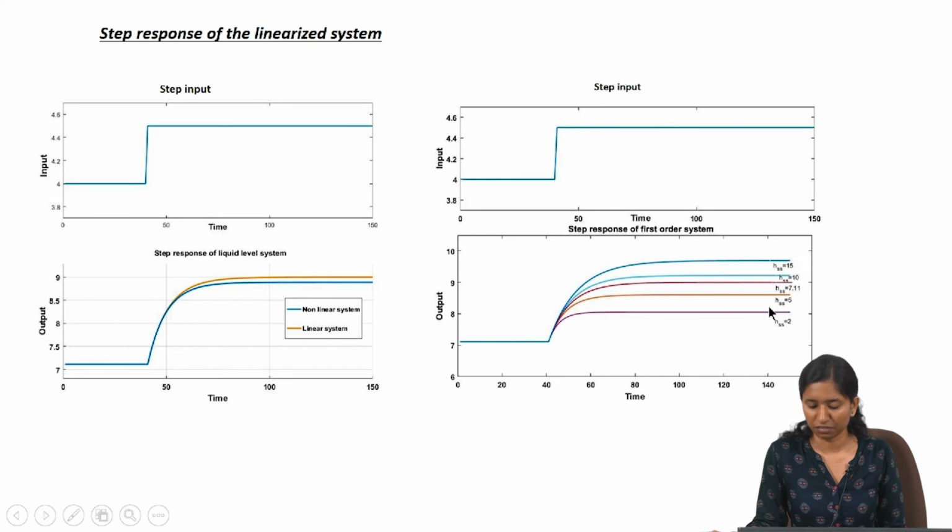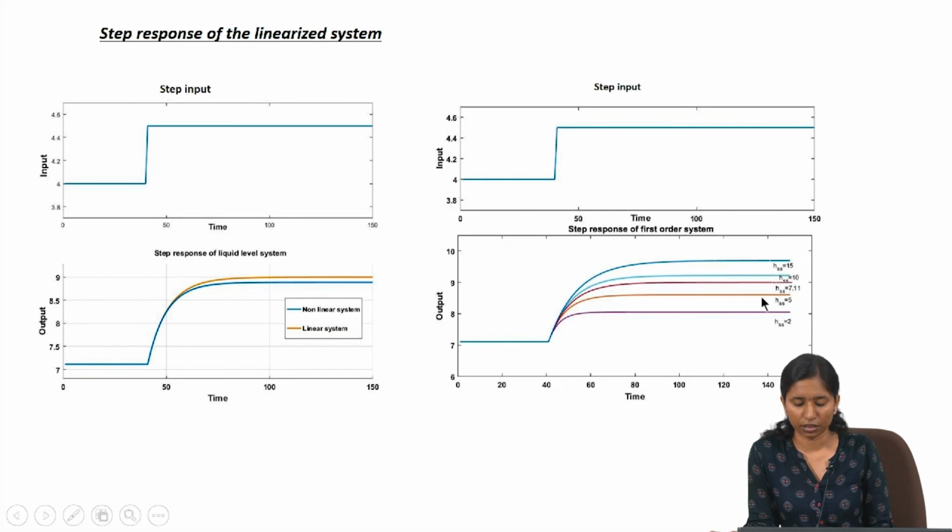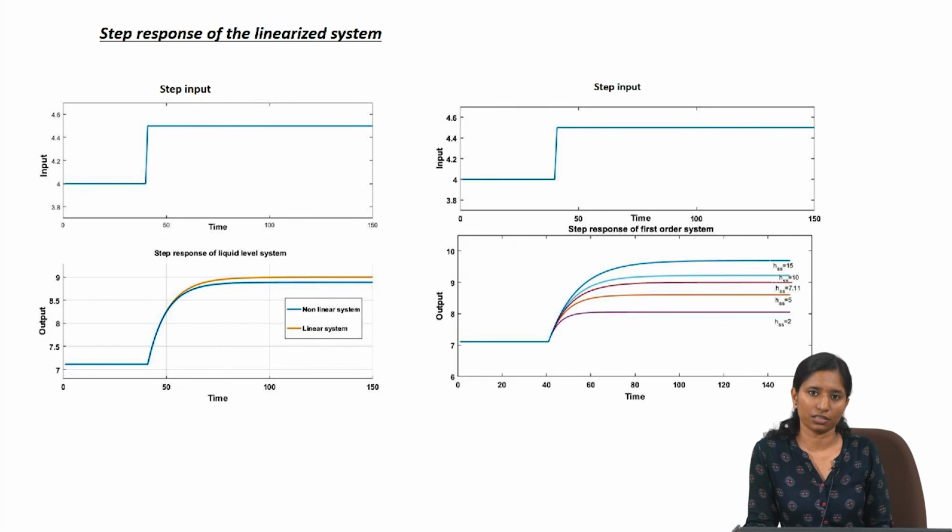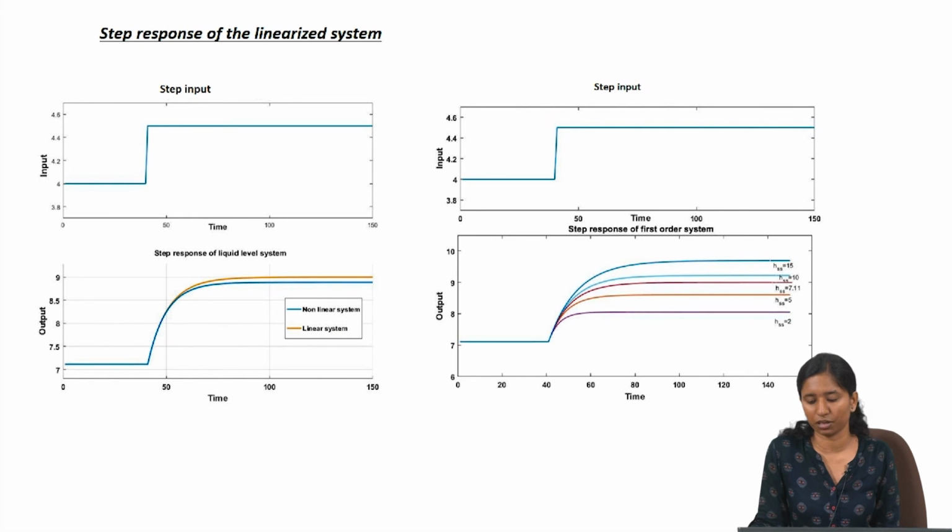When it was 5, this is the response. When it was 7.11, the response is this, and as the operating conditions are changed, we can see that the approximation of the nonlinear model as a linear model is quite far away from the actual model. So, we cannot then approximate the nonlinear model as a linear model, as the behavior is very different from how a nonlinear model would behave.